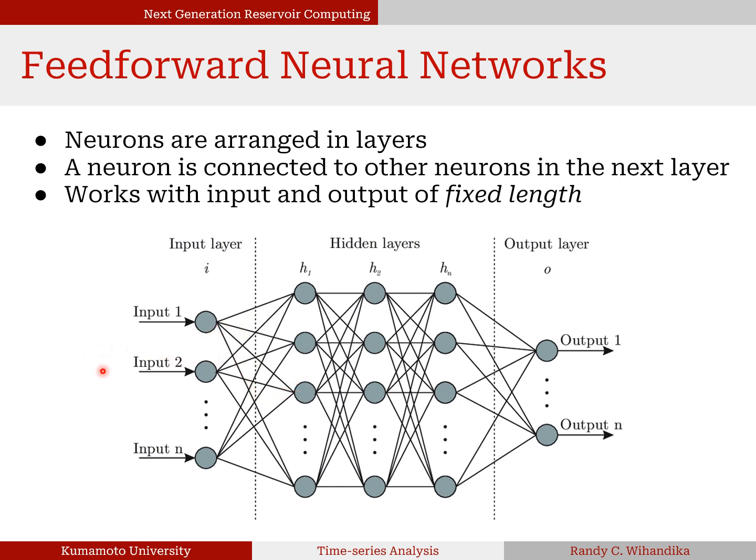Usually in this picture, the data flows from the left side to the right-hand side. One characteristic of this architecture is that it works with input and output of fixed length. So we have a certain number of input neurons and also a certain number of output neurons right here.